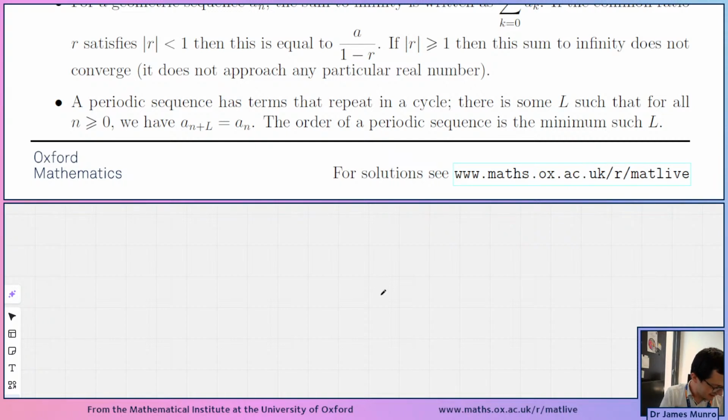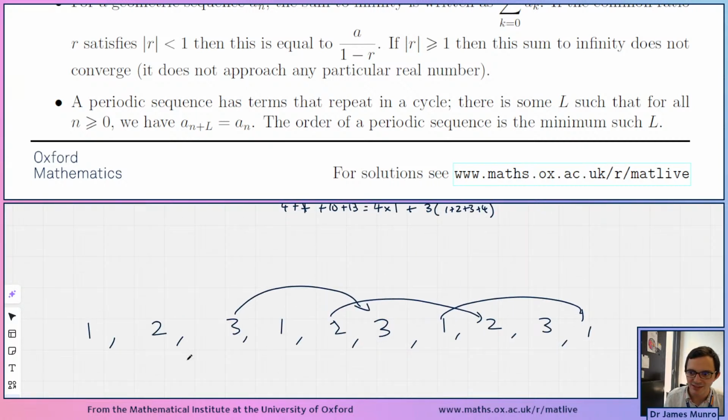The minimum such L, right? Because it's also true, looking at that one, that if you jump 6 squares along, and this is a bit awkward, but if you jump 6 spaces, so from here 1, 2, 3, 4, 5, 6, then, well, it's periodic, I suppose, where every 6 it repeats.